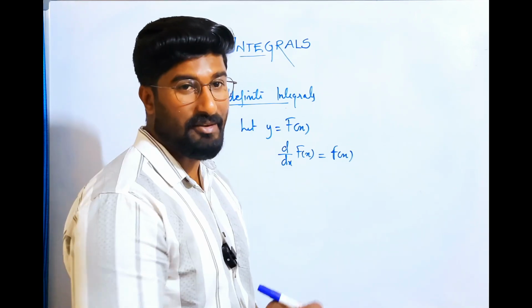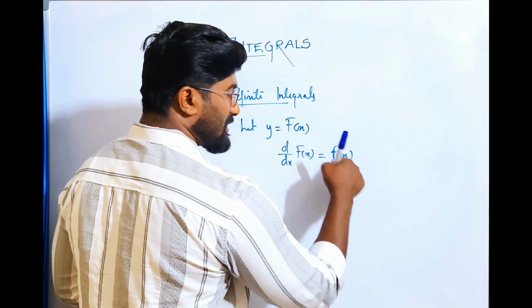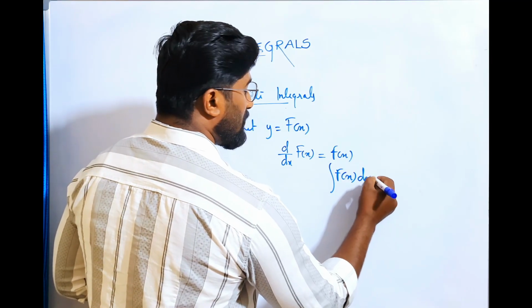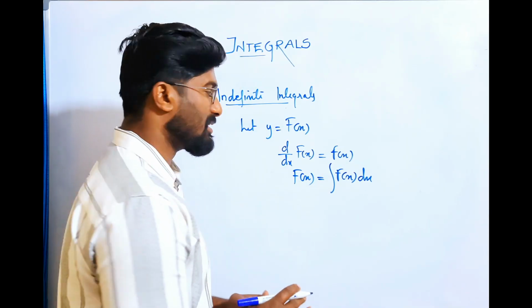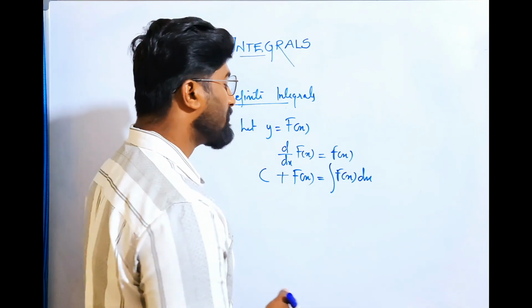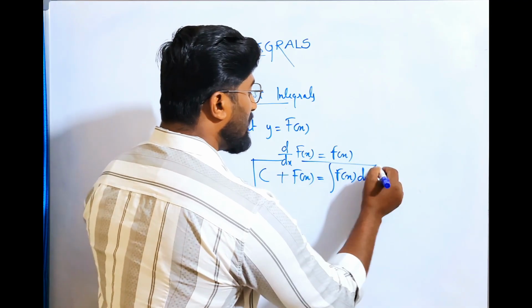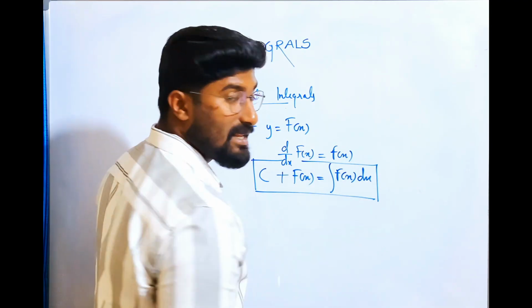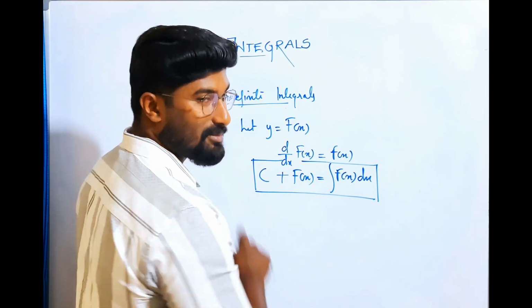This is the derivative. When you take the integral of this function, that means the derivative, we get the original function f of x, plus a constant of integration. I will tell you what it is. So these kinds of integrals are called indefinite integrals. Any such integral is of the form integral of f dash of x dx is equal to f of x plus c.